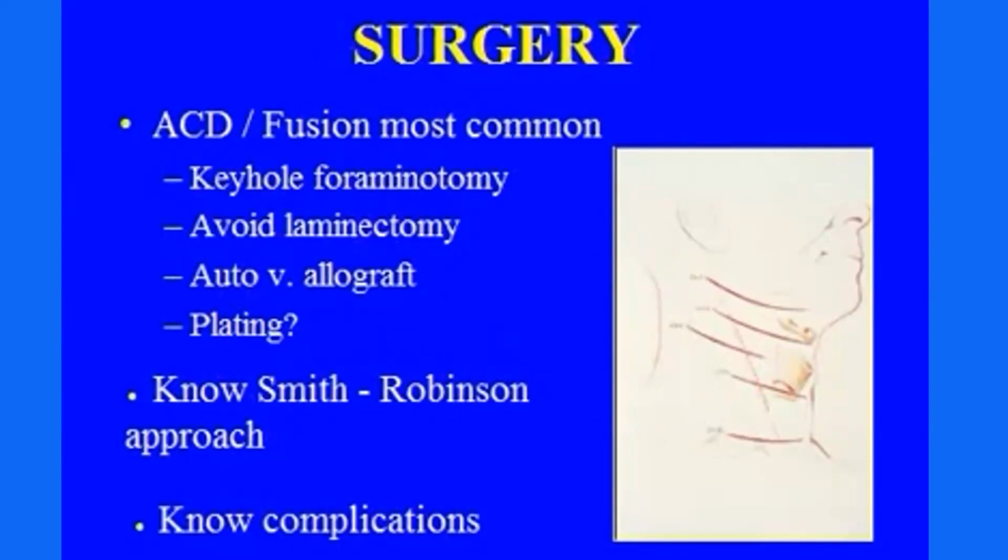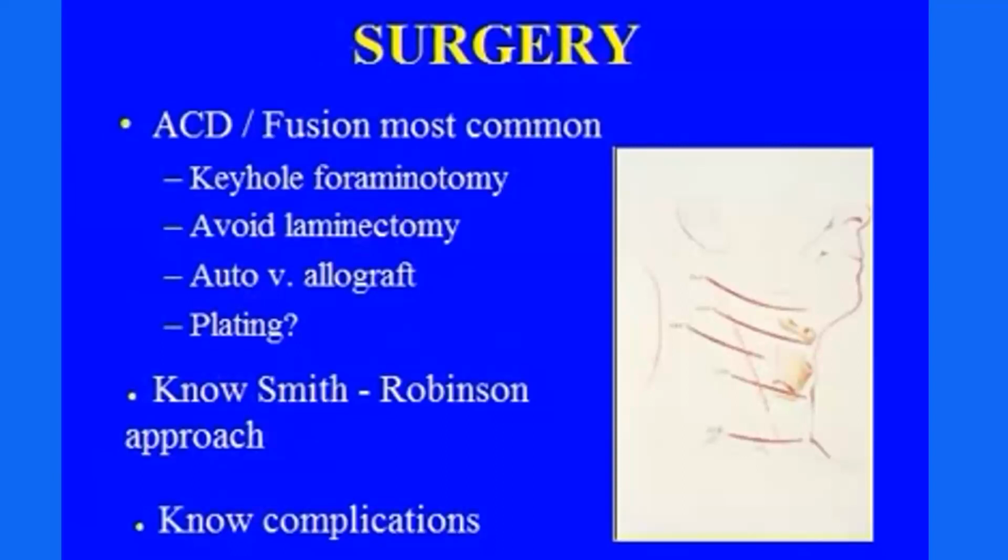I don't think the long-term results have been good, and I don't think there has been any significant difference between it and the fusion. Some patients, you can do a keyhole foraminotomy, especially if you have a soft disc. One should avoid laminectomies if you're doing the posterior approach. Why? Because you'll end up having a progressive kyphotic deformity. We prefer to use autografts.